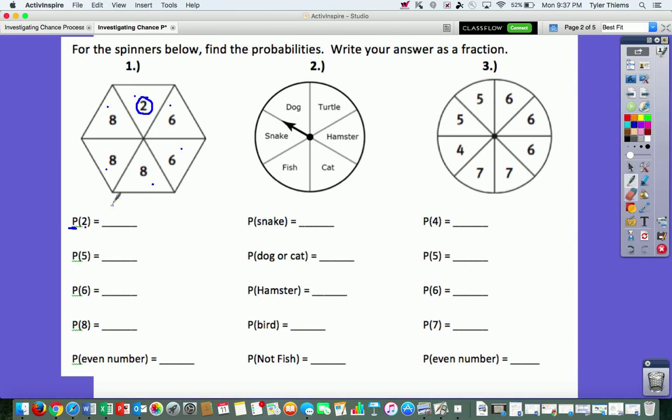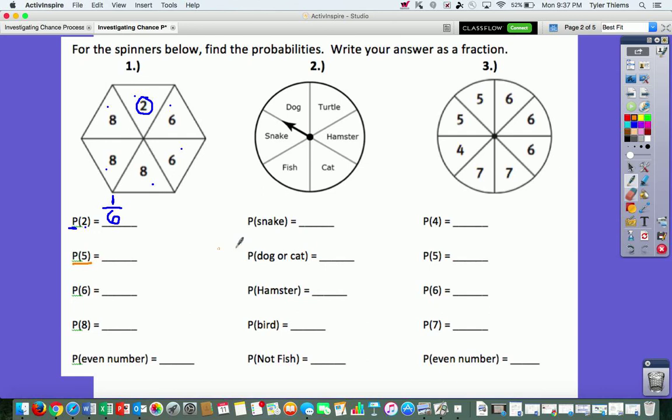So as a fraction, there's 1 possibility out of the total number. So the numerator is always the number of successful chances, or the number of success opportunities there are. So there's only 1 two, so it's 1 out of how many total? 1, 2, 3, 4, 5, 6. There's 6 total, so you have a 1 in 6 chance of landing on a 2.